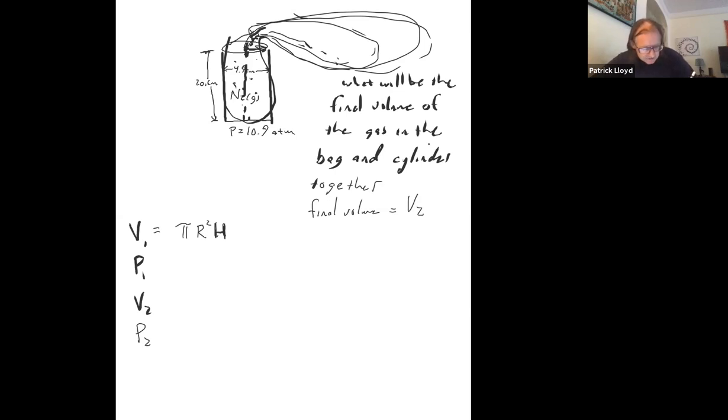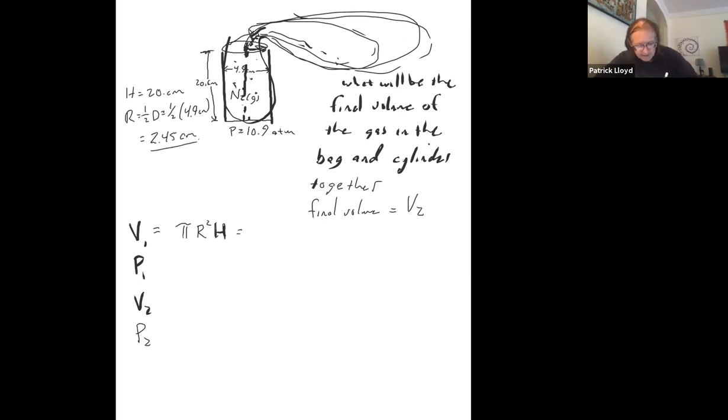H is easy, 20 centimeters. The radius is 1/2 the width, so that's 1/2 of 4.9. Is that 2.45? Okay, so there's your radius.